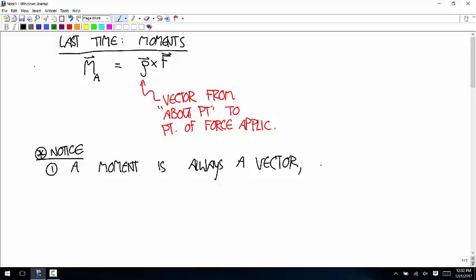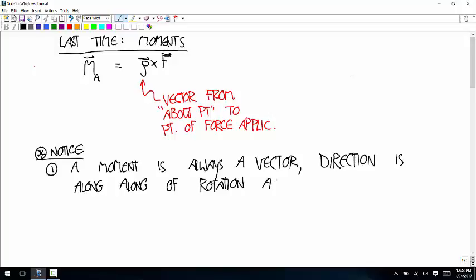And the direction of the vector is along the axis of rotation according to the right-hand rule.